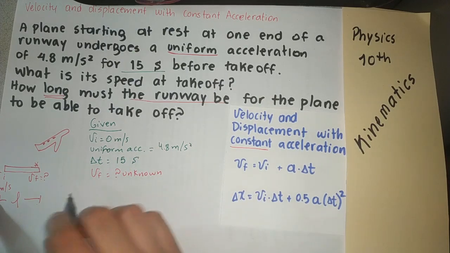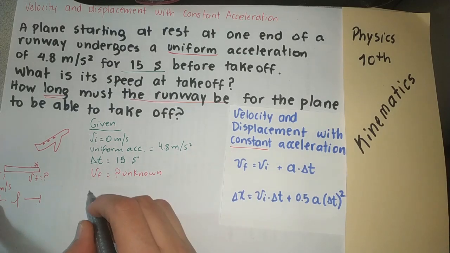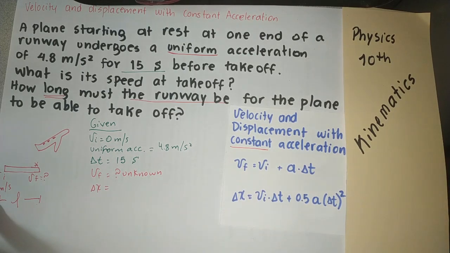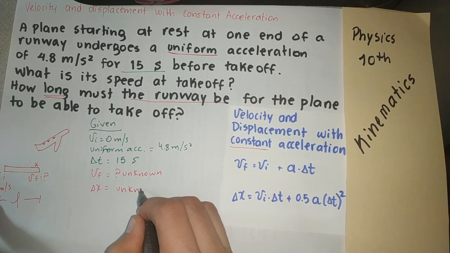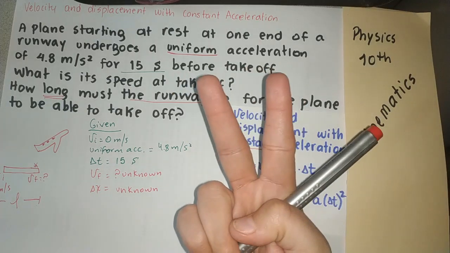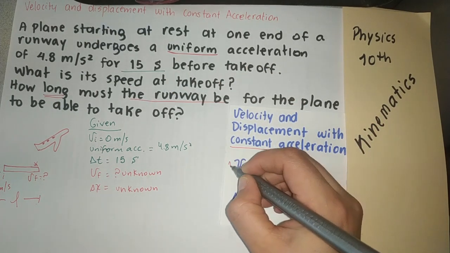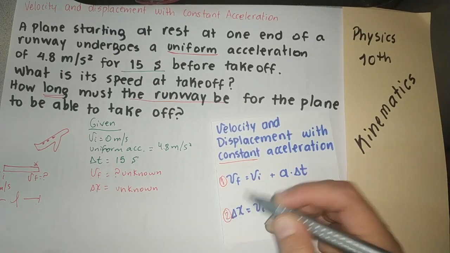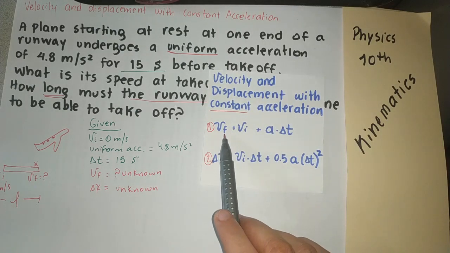Okay, so we're talking about its length, or displacement, delta x, which is also unknown. So to solve this problem, we're going to do 2 steps. Okay, first one equation and then the other. 1 and 2.